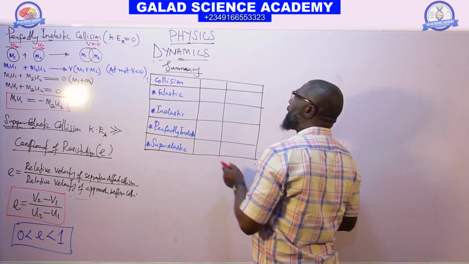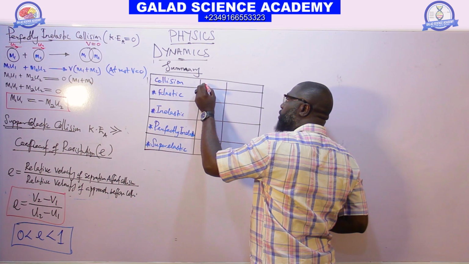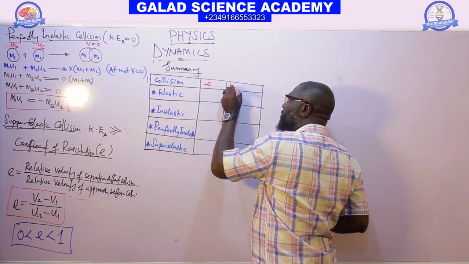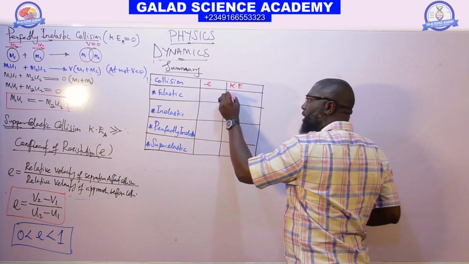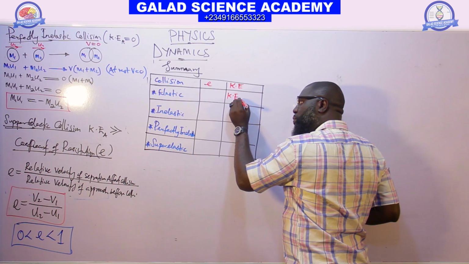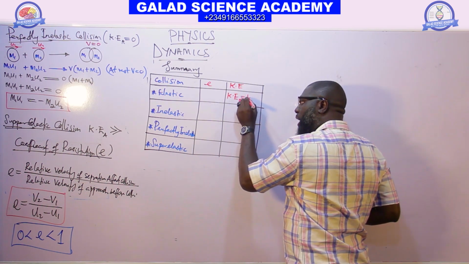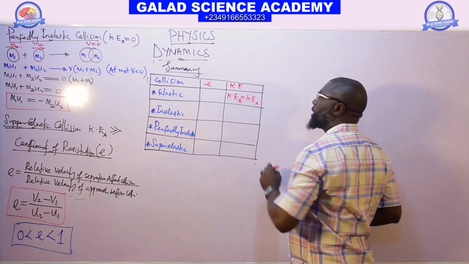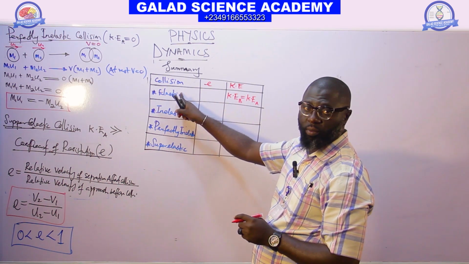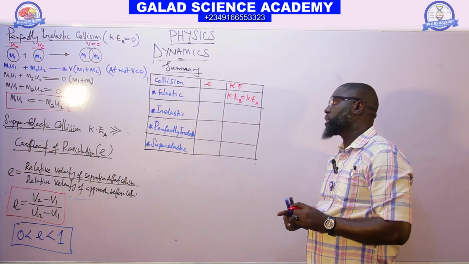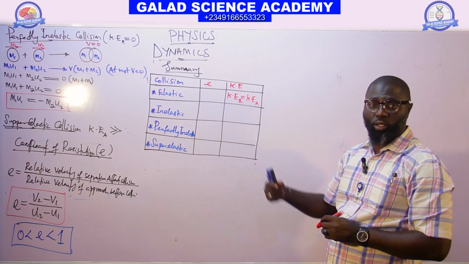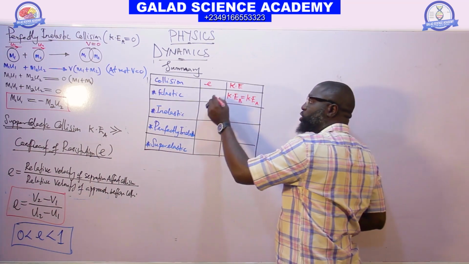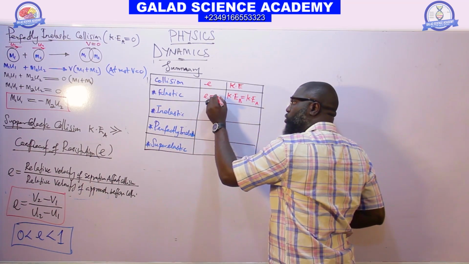So here we have the coefficient of restitution, and here we have kinetic energy. When the kinetic energy before collision is equal to the kinetic energy after collision, the kind of collision is called elastic collision, and the coefficient of restitution here is equal to 1.